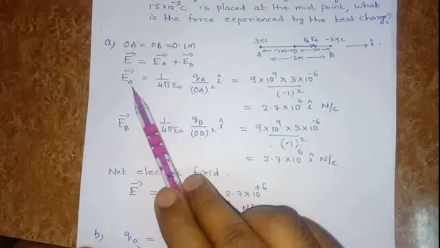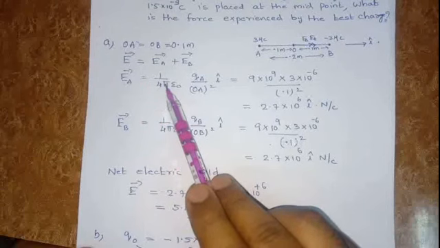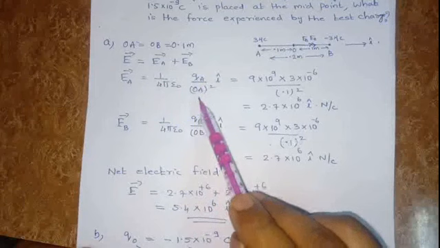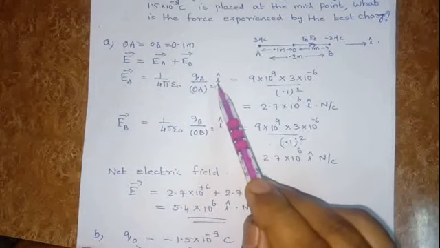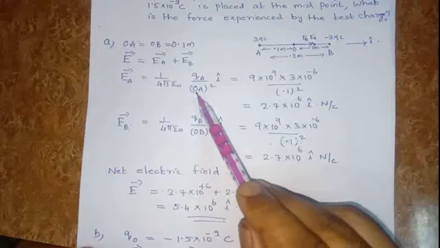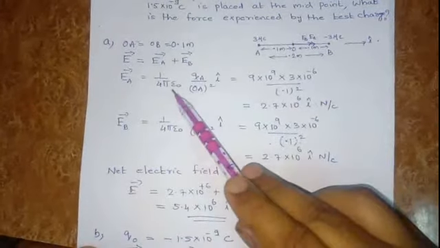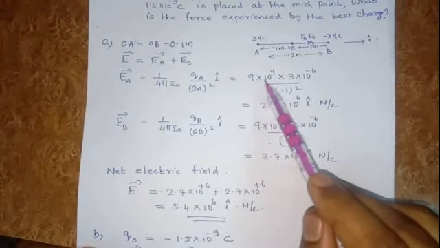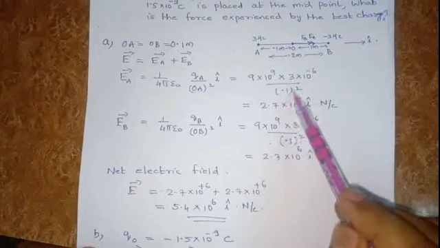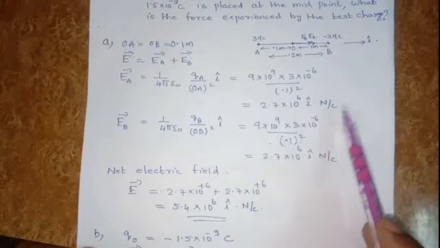Now what is EA? EA is the field due to plus charge, and we already studied field due to a point charge: 1/(4πε0) QA divided by OA squared, and the direction is i. This is the direction of EA. Now what is OA? Already we studied OA = 0.1 meter, therefore we can substitute 1/(4πε0) = 9 × 10^9, times 3 × 10^-6 divided by 0.1 squared, that will be 2.7 × 10^6 newton per coulomb, and the direction is i.